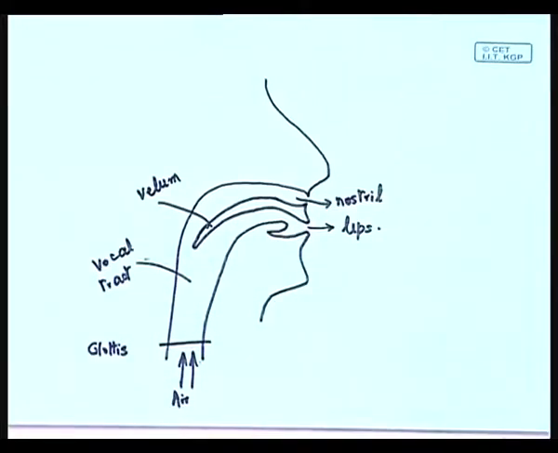Now, the vocal tract is a very interesting kind of organ, in the sense that it is a filter-like thing. Whatever pulses are fed through this glottis, the vocal tract effectively does a kind of spectral shaping to those pulses.